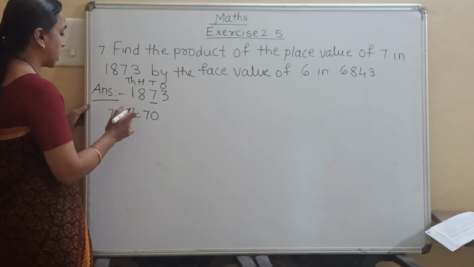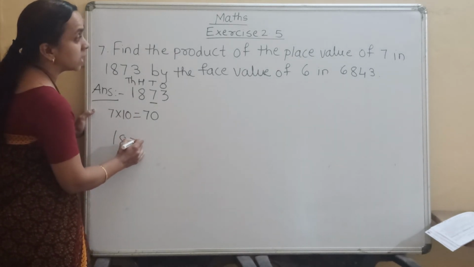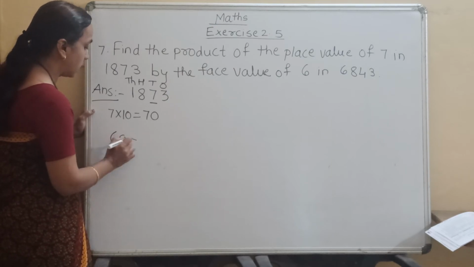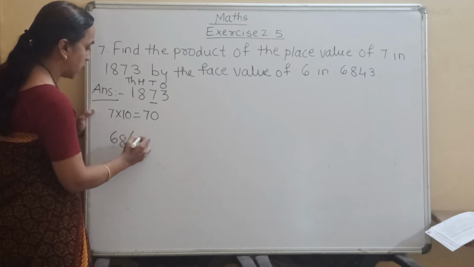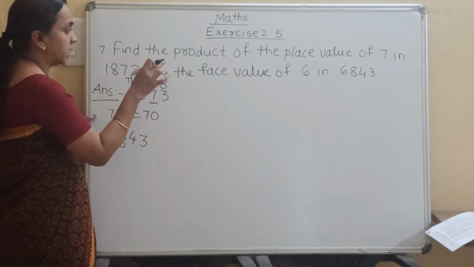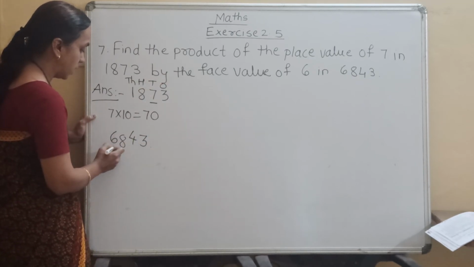Okay, again what is given? Which number is given? 6843. This number is given. So in this number we have to find out face value of 6. Face value of 6.